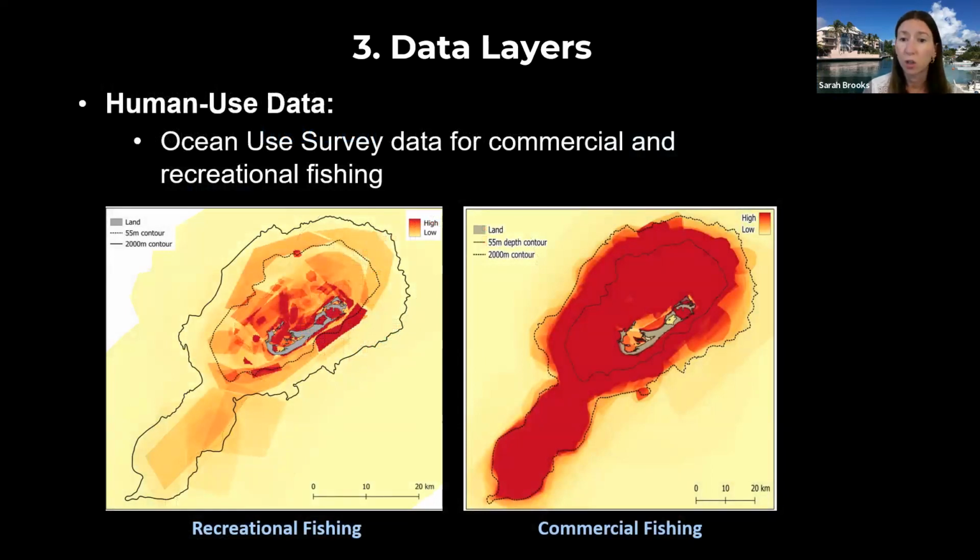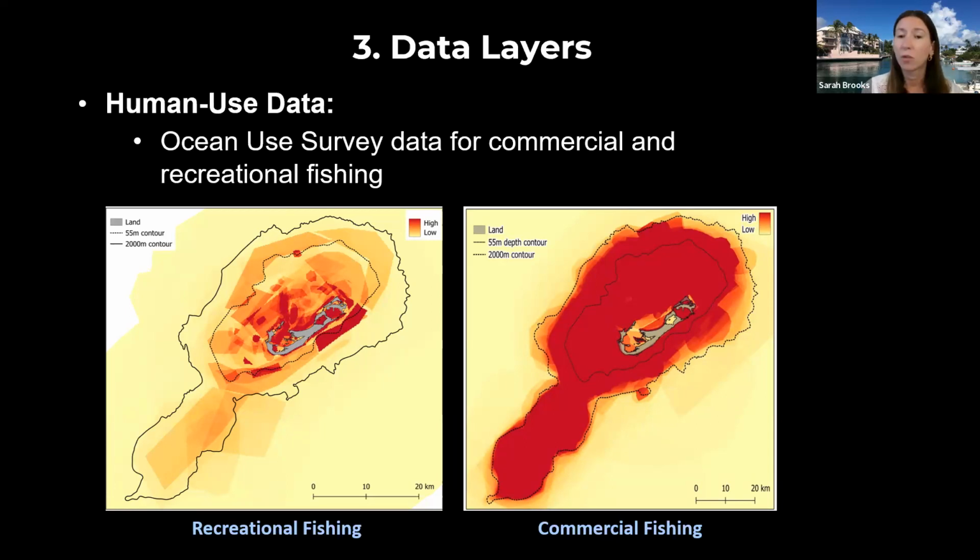We also have social science data about how the ocean is used by people. So this data was collected through the Ocean Use Survey. This was a survey that was first open to the public back in 2020. We asked all sorts of stakeholders how they use and value the ocean. We asked fishermen, boaters, divers, tourism operators, conservationists, and many, many more.